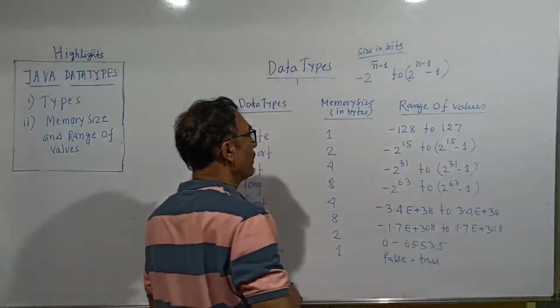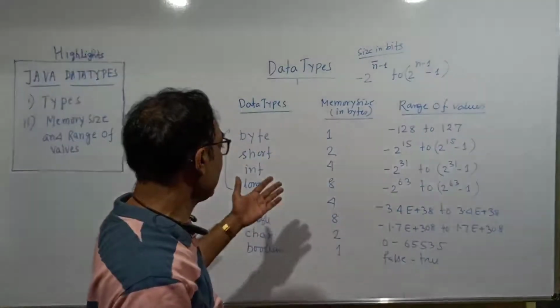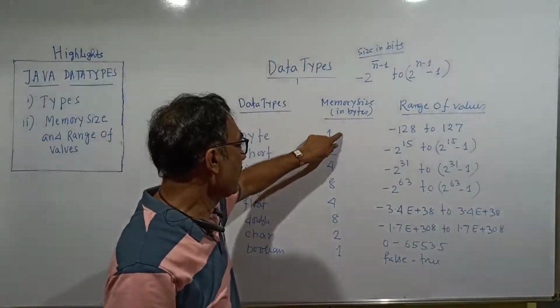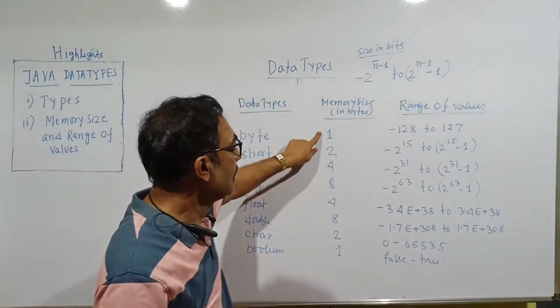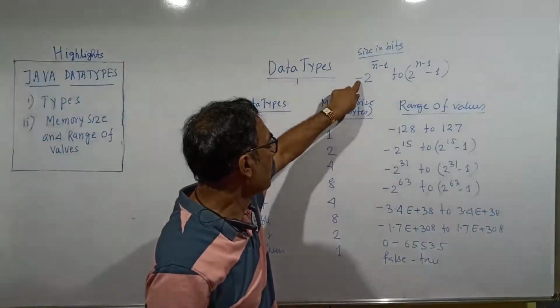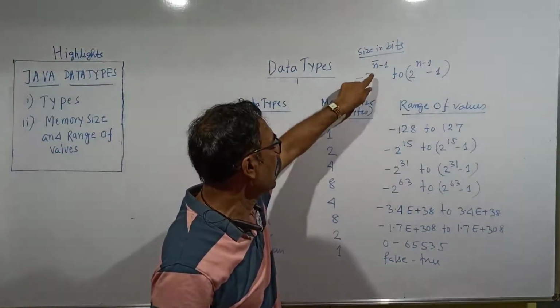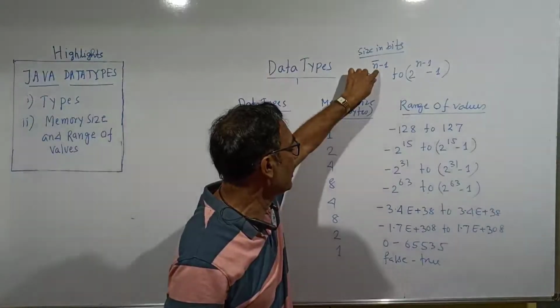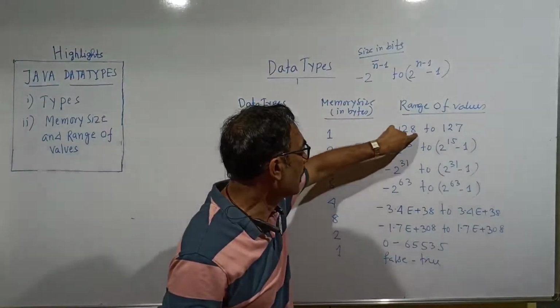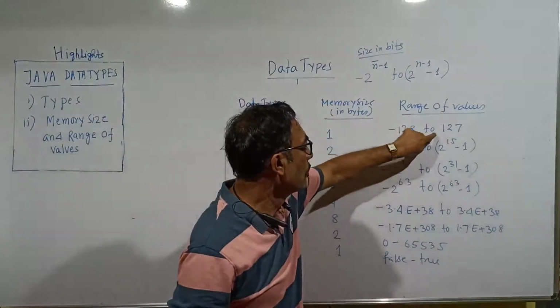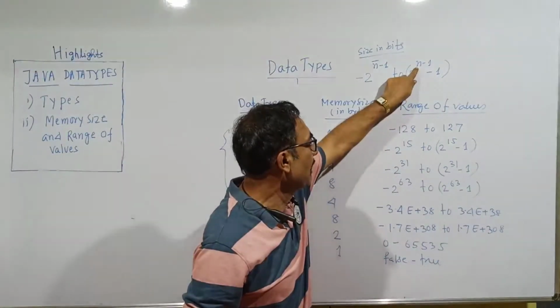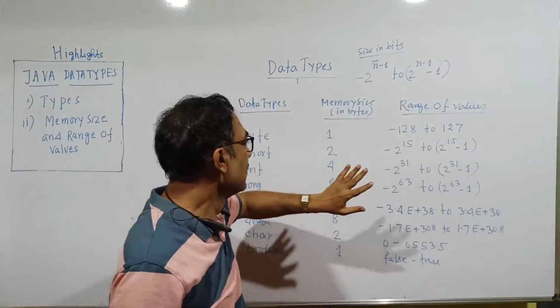So let's find the example. In case of byte, the memory size is 1 byte, that is 8 bits. So use the formula here. So it will be minus 2 to the power 8 minus 1, that means minus 2 to the power 7, that is minus 128 to 127, that is 2 to the power 7 minus 1.